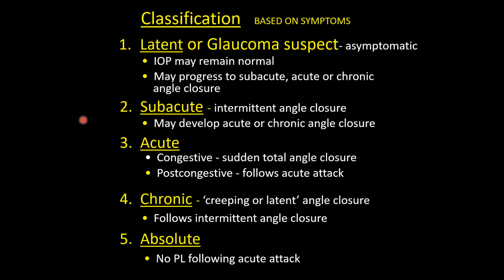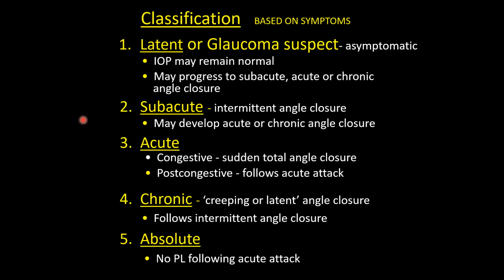If there is a rise in intraocular pressure, the patient will have symptoms. But if he changes position, switches on the light, or goes to sleep, then what happens? The pupil either constricts or dilates, and that blockade is released. If that block is released, then the patient is symptom free. So that is called intermittent angle glaucoma.